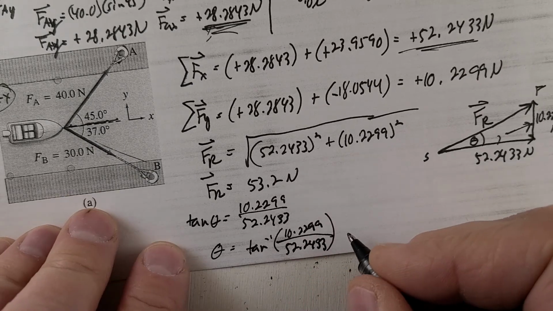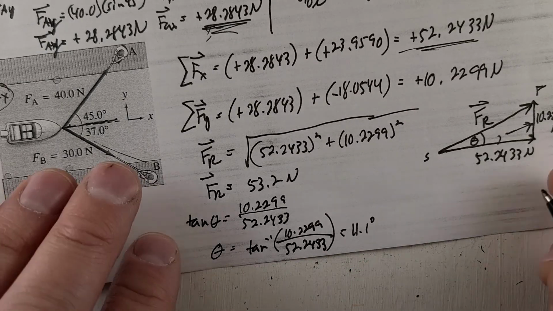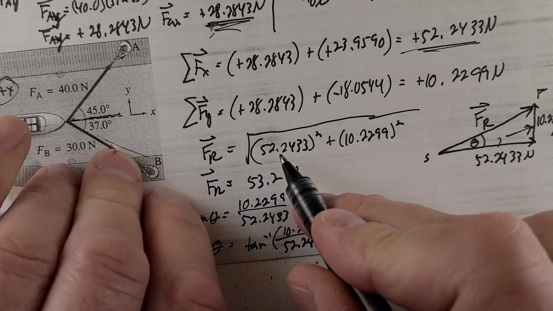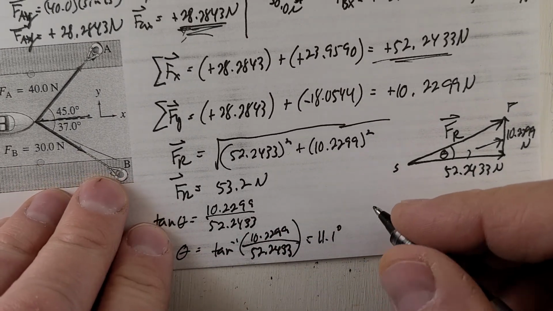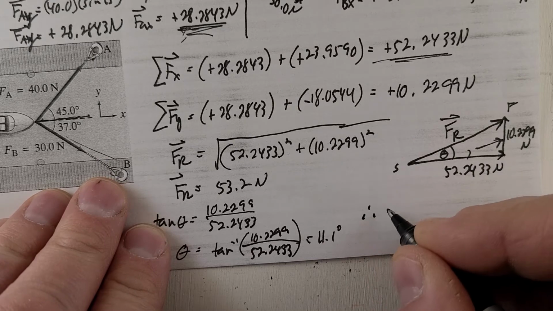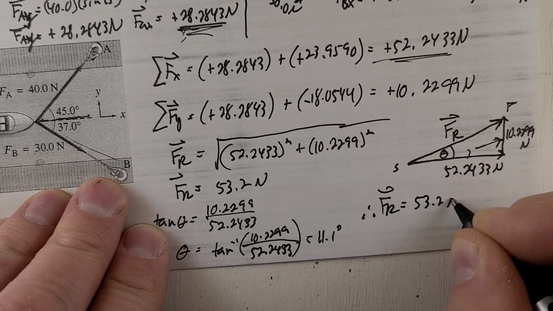And I think when you work that out, you get 11.1 degrees. All right, so we have the magnitude. We almost have the direction. So therefore, Fr is equal to 53.2 newtons.